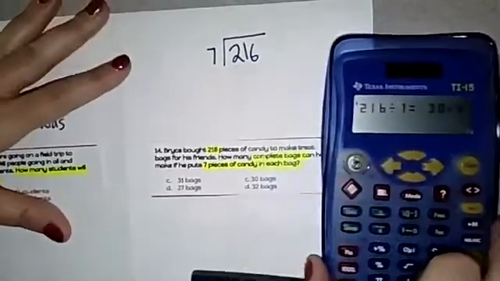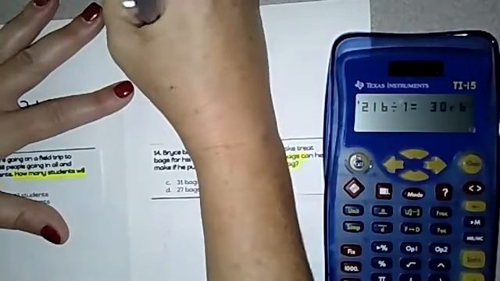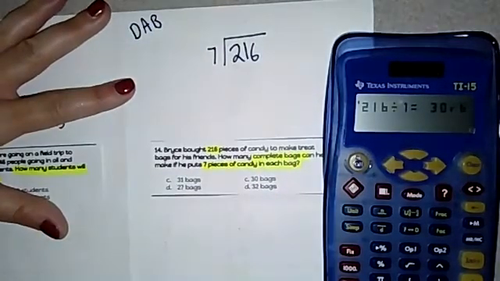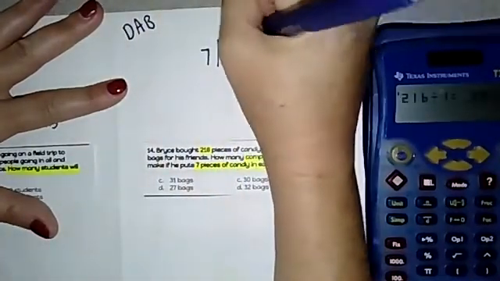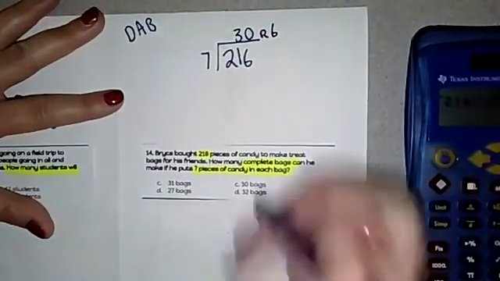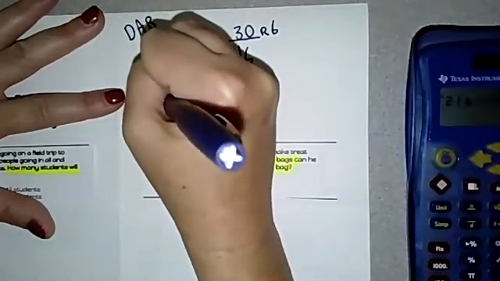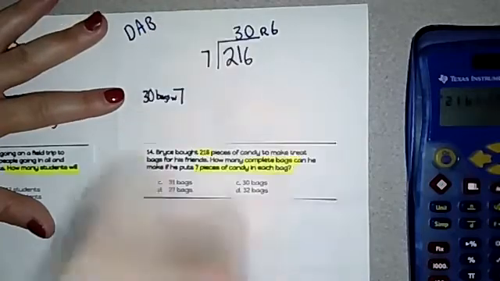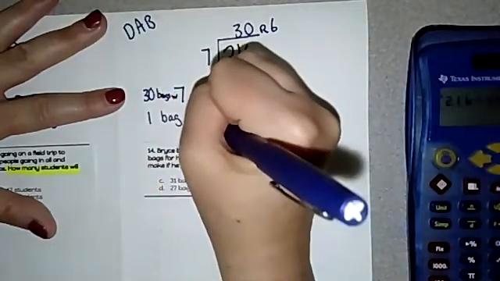All right, and we have to decide if we are gonna drop it, add 1, or if the remainder be the answer. Okay, so it says 30 remainder 6. All right, so what that means is I have 30 bags, write this, 30 bags with 7 and 1 bag with 6.